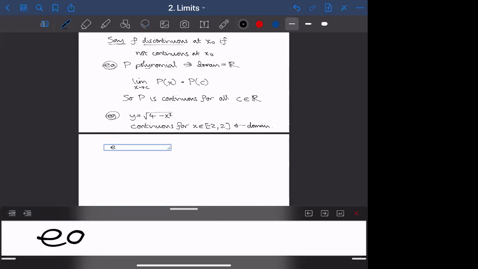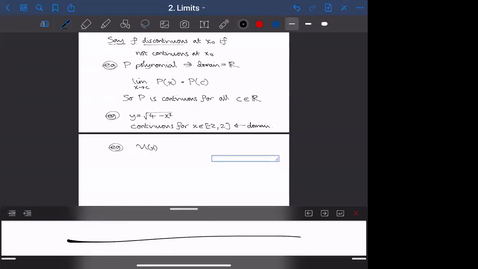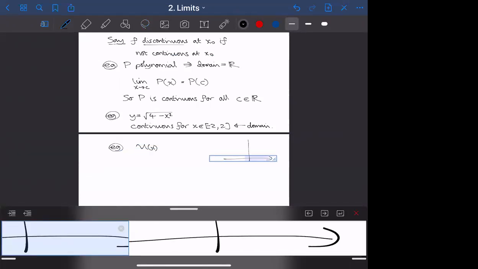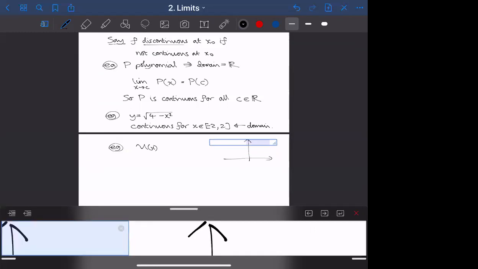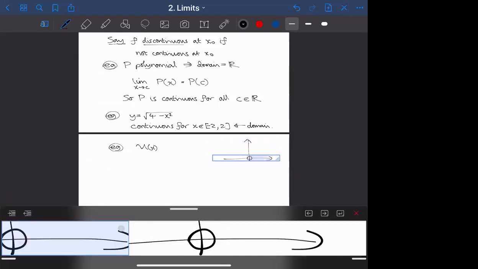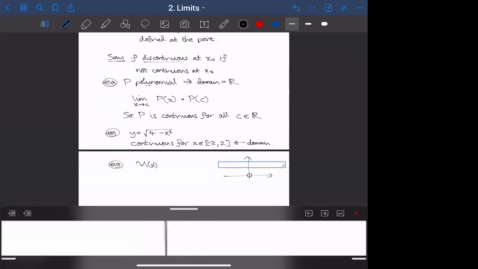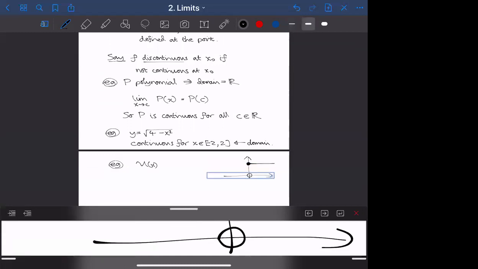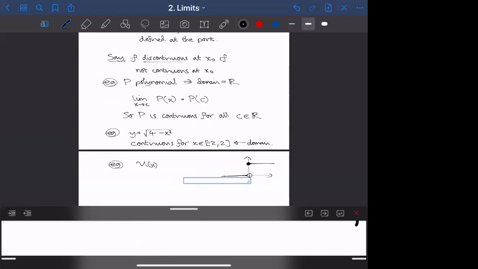So another example, u(x). So remember, this u(x) was 1 for positive and 0 for negative.